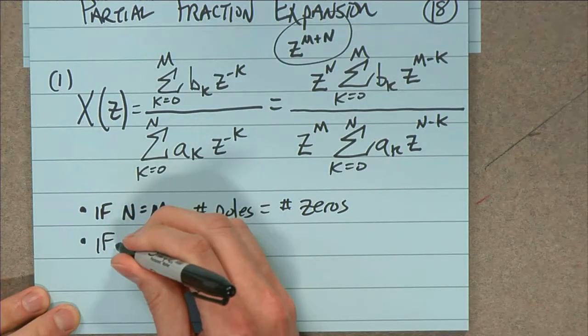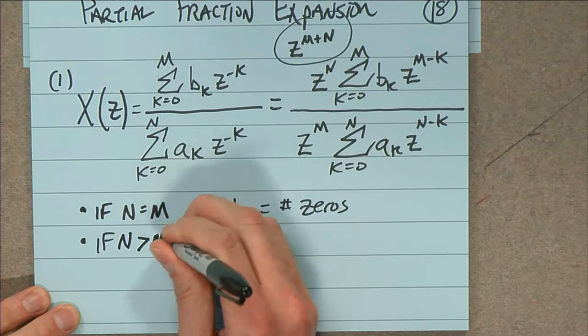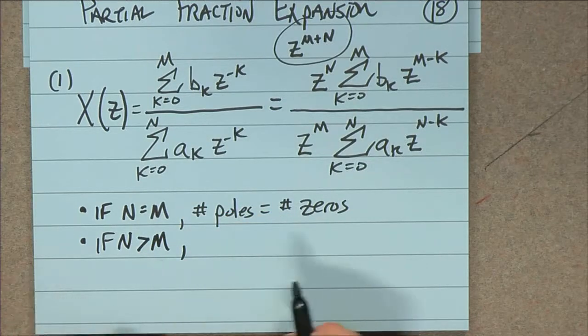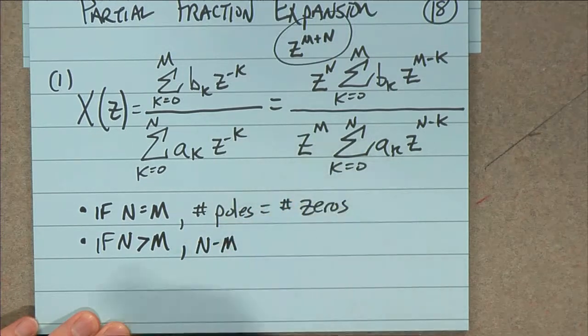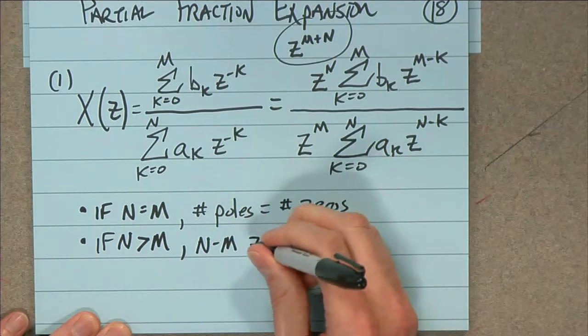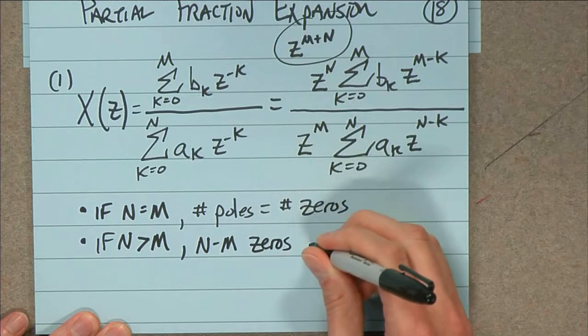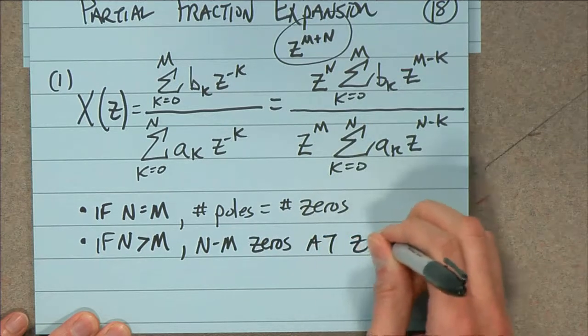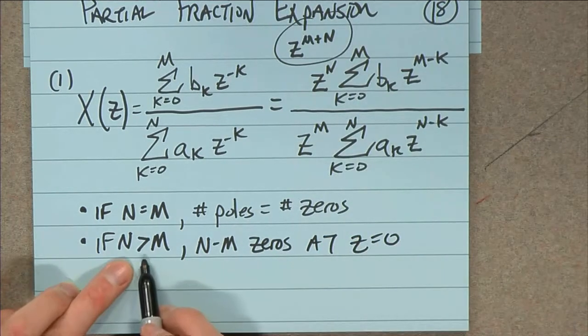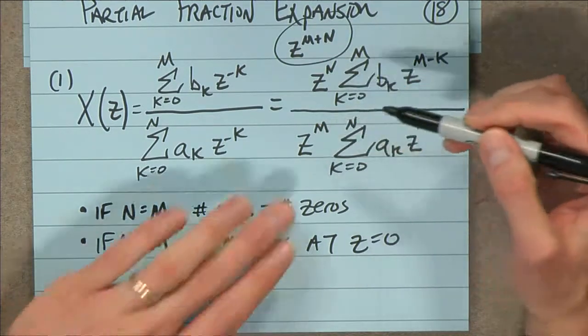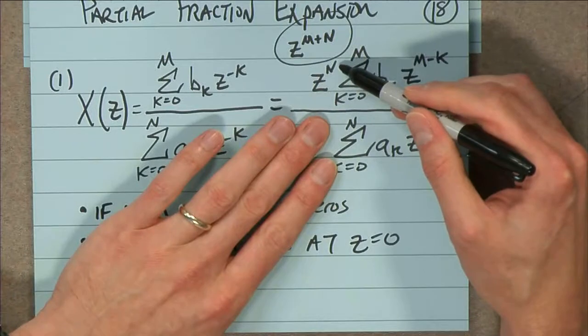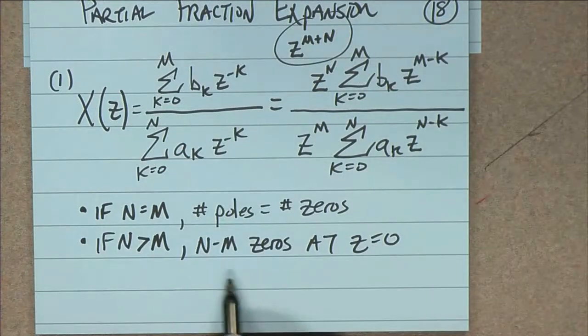And if n is greater than m, we're going to have, what, n minus m poles, or no, n minus m zeros. That's right. So we'll go through this. N minus m zeros at z equals 0. So if n is greater than m, this is bigger than that, then we can get rid of this and say z to the n minus m, and that's why we have n minus m zeros at z equals 0.